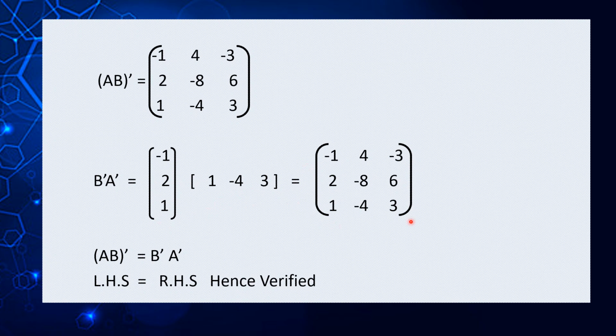So this is the matrix B transpose A transpose. So when we consider LHS and RHS, they both are equal. So LHS is equal to RHS. Hence, it is verified that AB the whole transpose is equal to B transpose into A transpose.